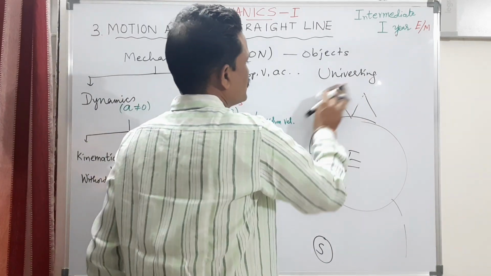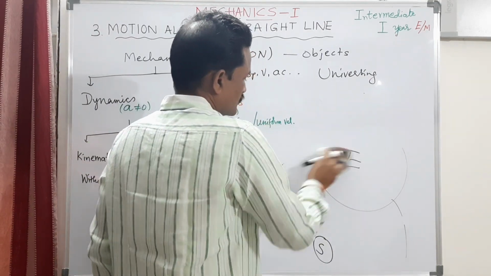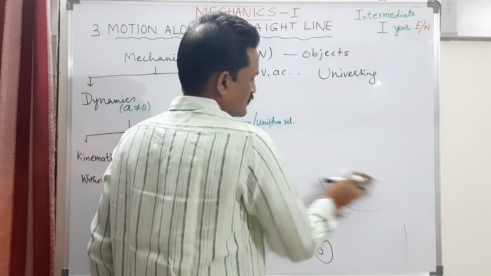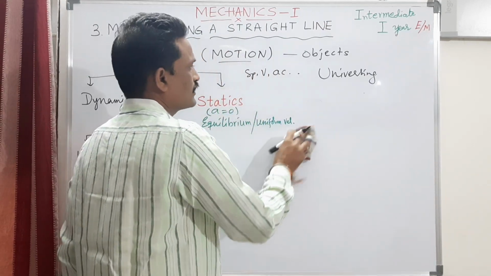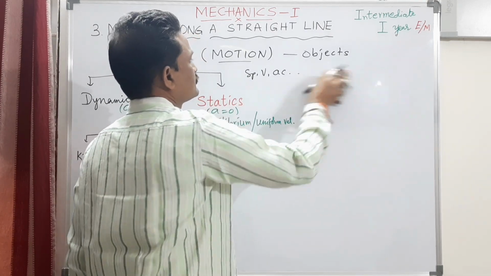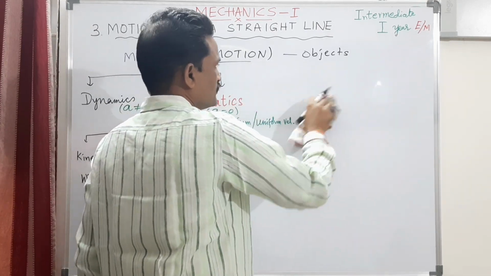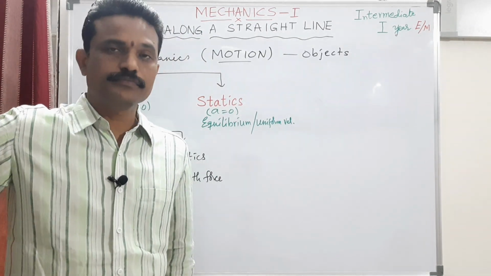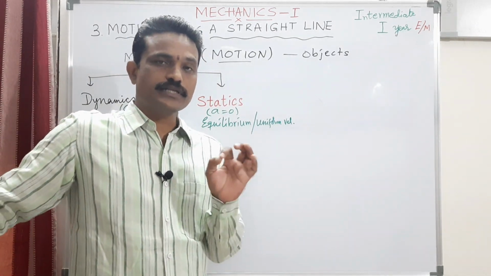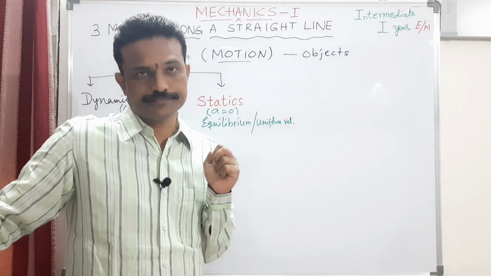What do you mean by relative terms? You cannot say something is moving or at rest without taking some reference. So, without taking the reference, it is impossible to describe its state of rest or state of motion.